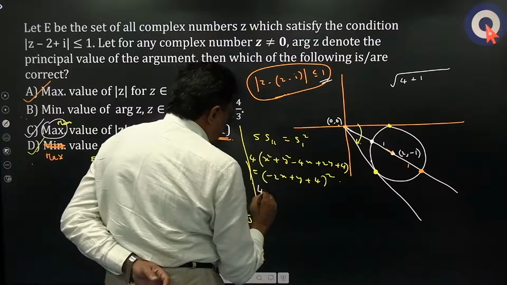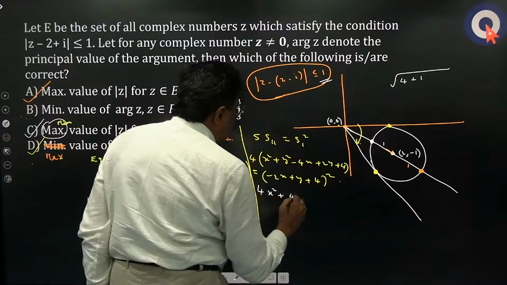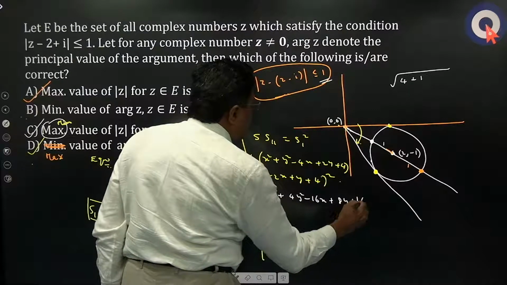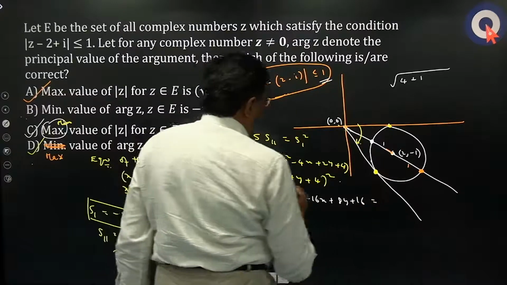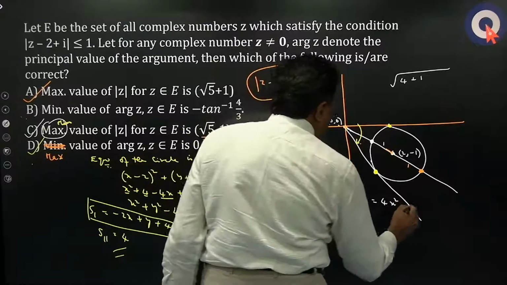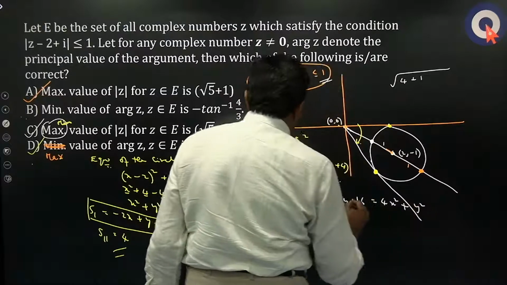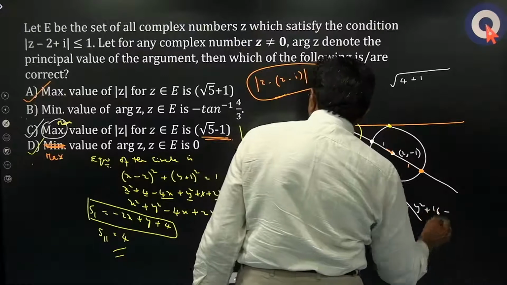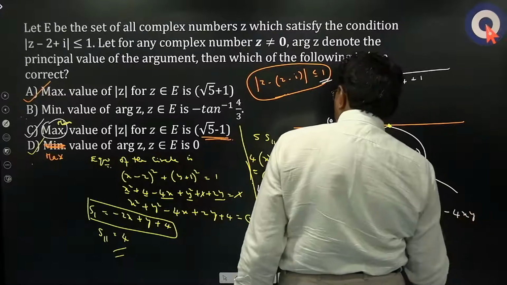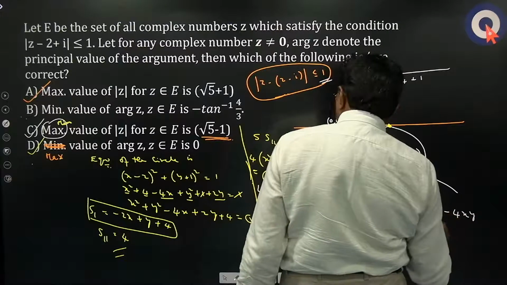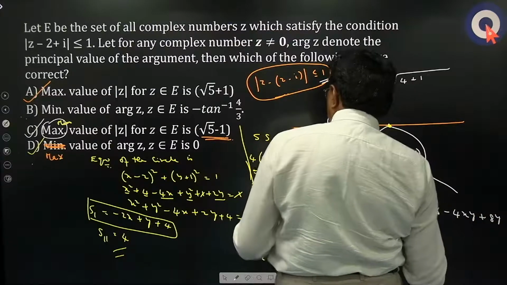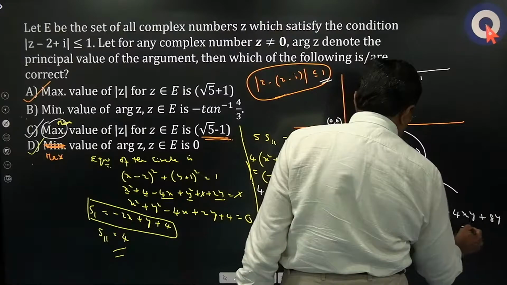4x square plus 4y square minus 16x plus 8y plus 16 is equal to 4x square plus y square plus 16 minus 4xy plus 8y minus 16x.